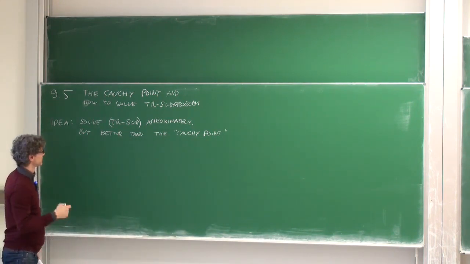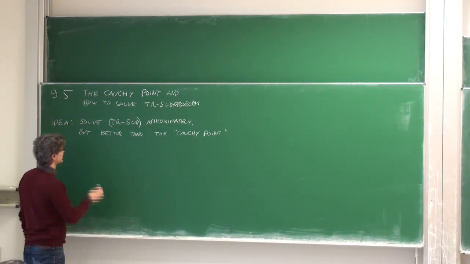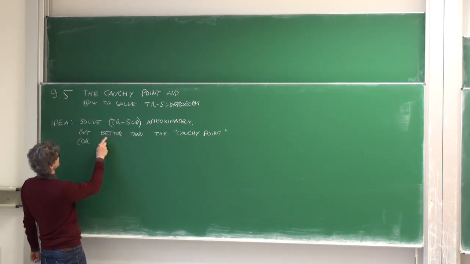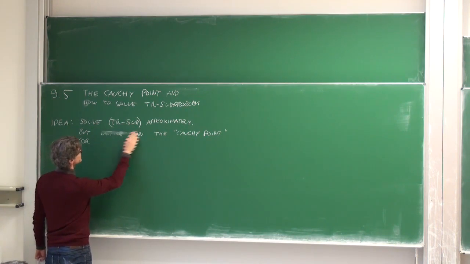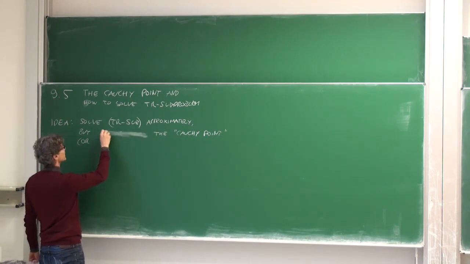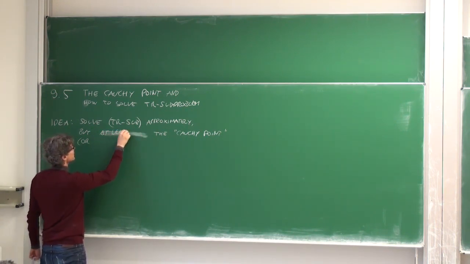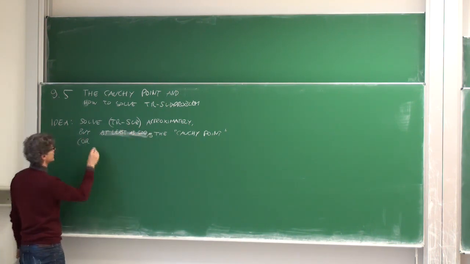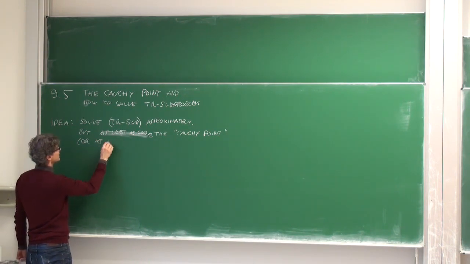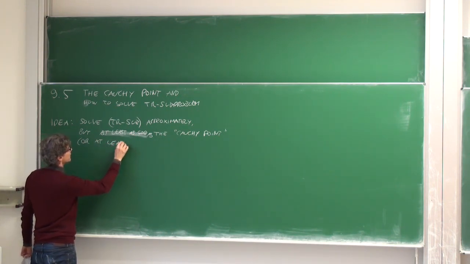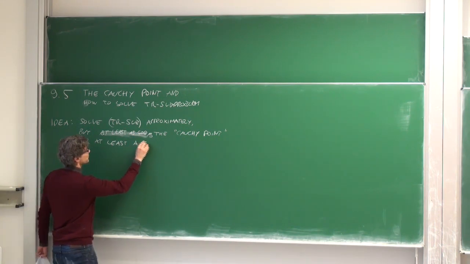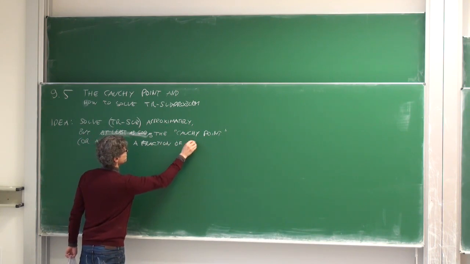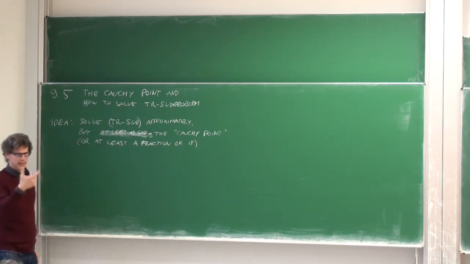The Cauchy Point is like a reference. It should be at least as good as the Cauchy Point, or at least a fraction of it. And what do I mean by at least as good?